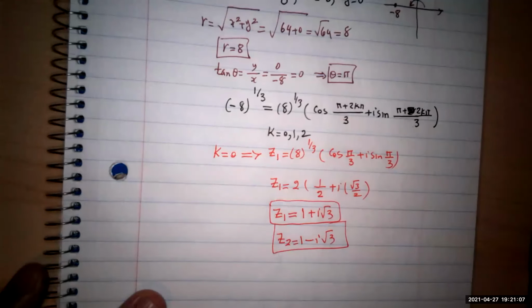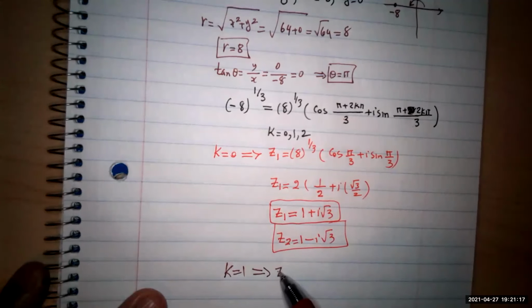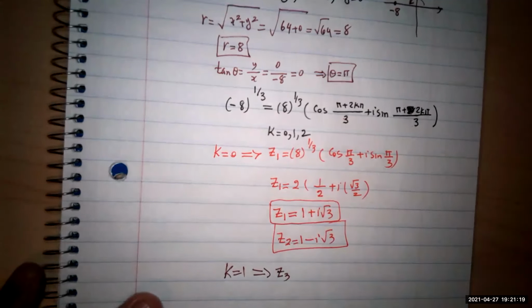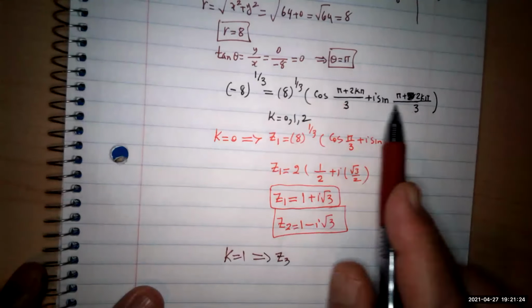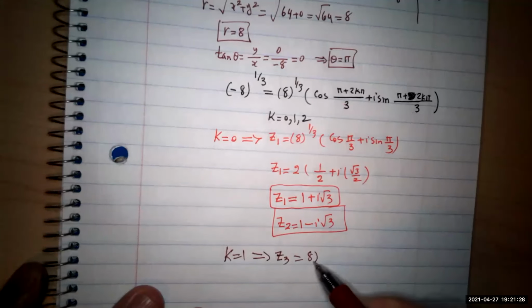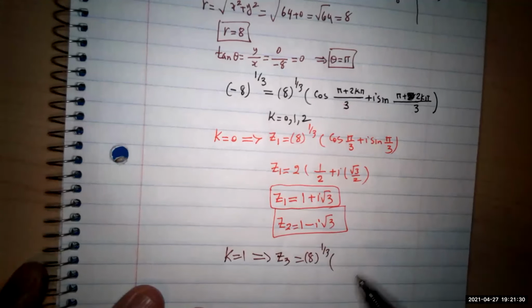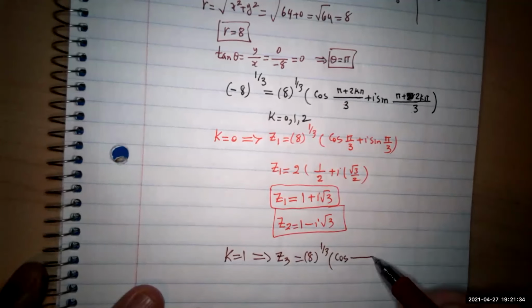So K equal to 1. What is going to be the case for K equal to 1? We already got 2 solutions, so we call it Z3. Go to your formula again, and you are going to substitute K equal to 1. That gives us 8 to the 1/3, cosine of what?